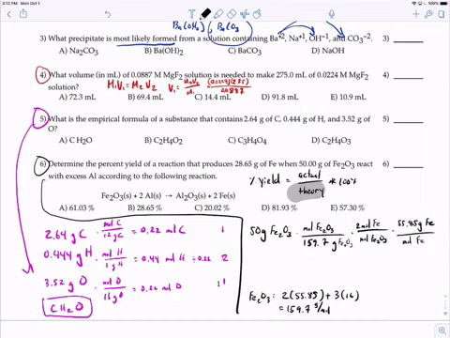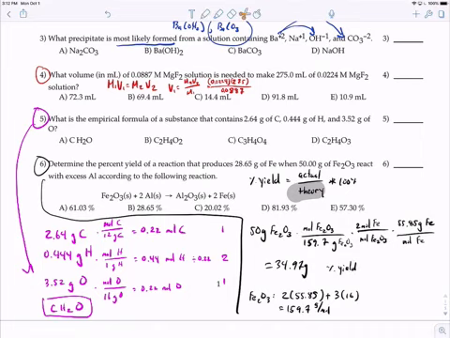So 50 divided by the answer times 2 times. This is about 30. This equals 34.97 grams, so therefore percent yield.